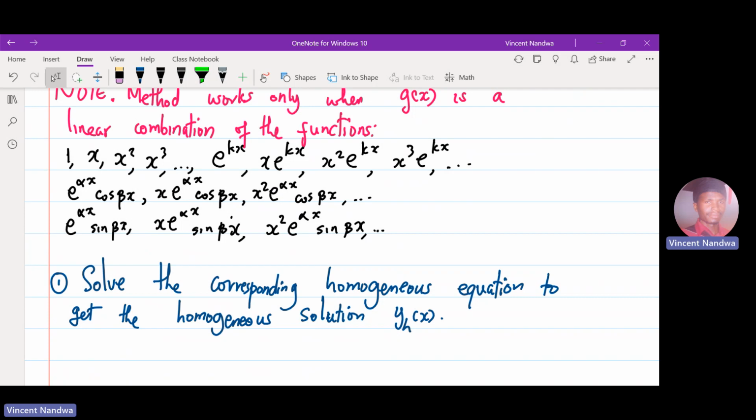And how do you do this? You simply set g to 0 and then solve the resulting equation by the previous steps we discussed earlier on.